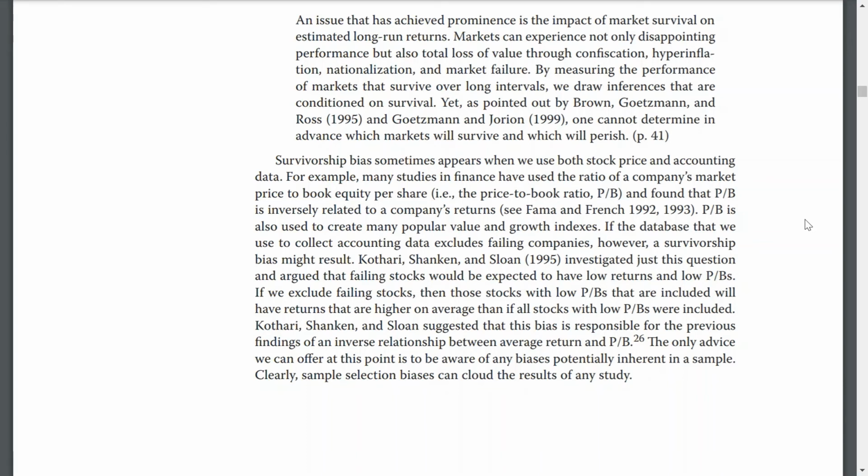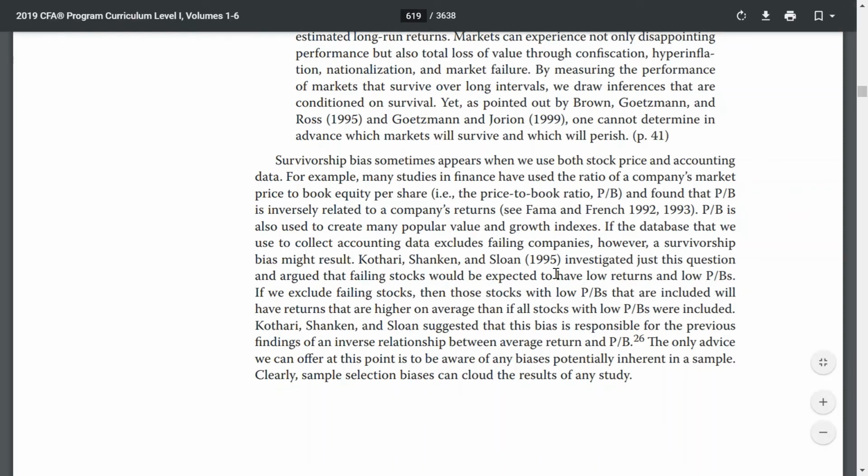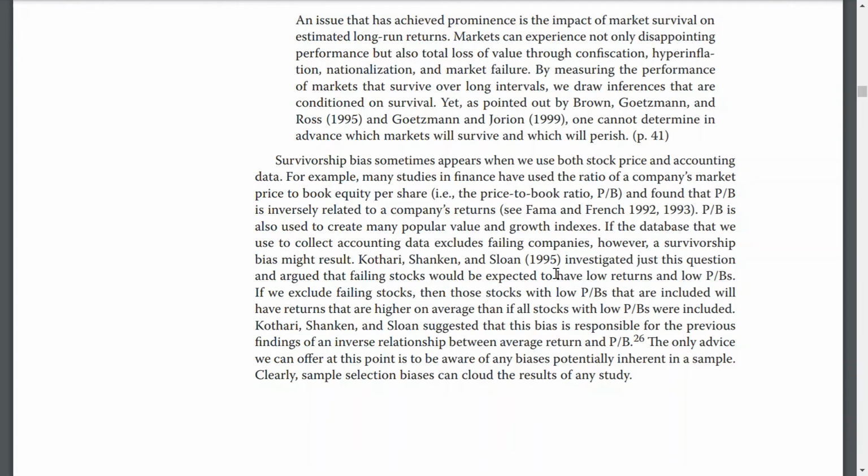To find a P/B is inversely related to a company's returns, see Fama and French, 1992 and 1993, and 2000. P/B is also used to create many popular value and growth indexes. If a database that we use to collect accounting data excludes failing companies, however, a survivorship bias may result.